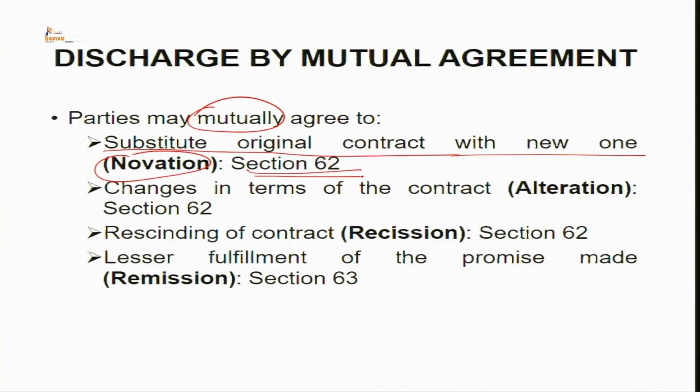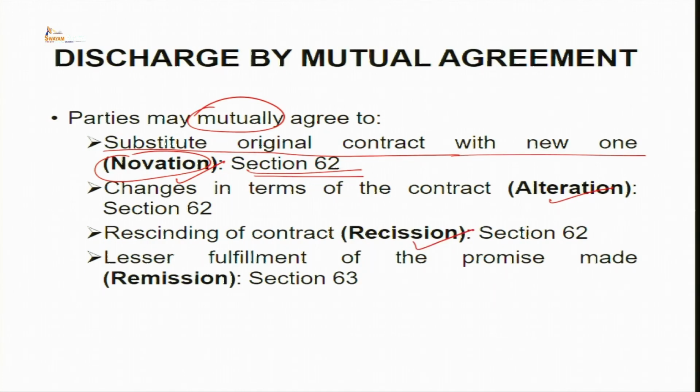That is also one of the examples of novation, right, which is laid down under section 62. So there are three concepts laid down under section 62 of the Indian Contract Act, which are novation, alteration and rescission. Let us see what all three of these terms mean.